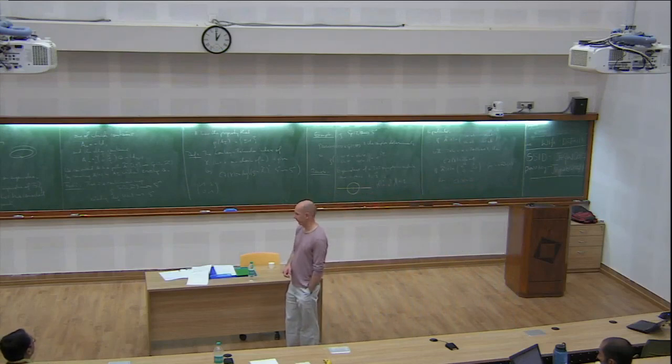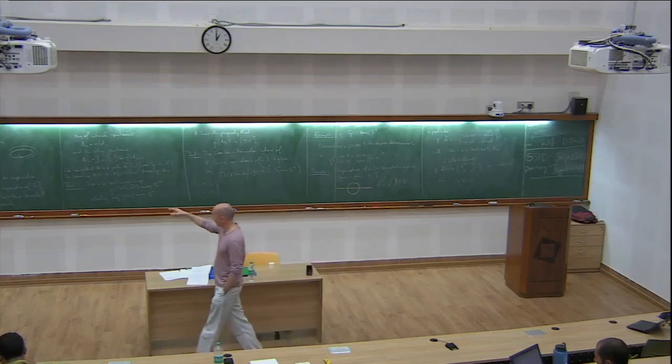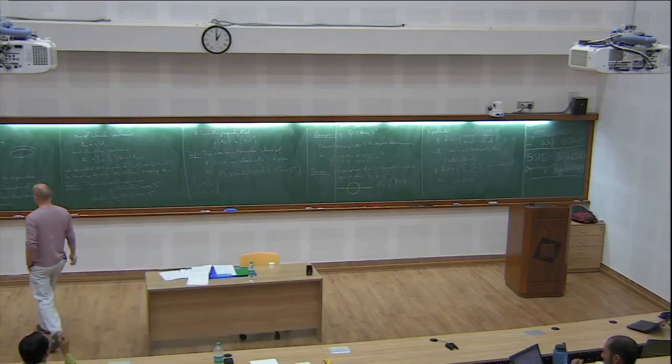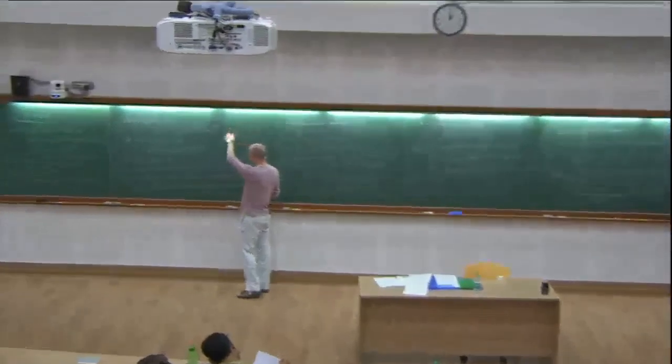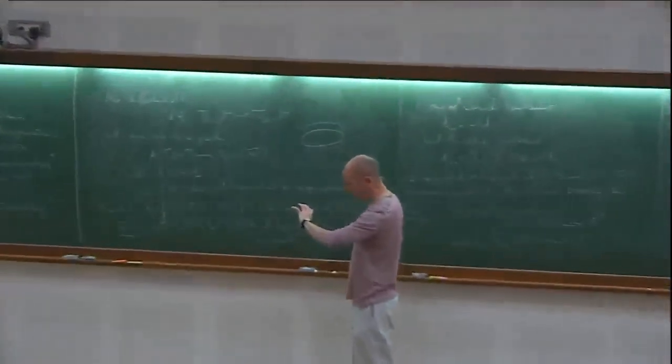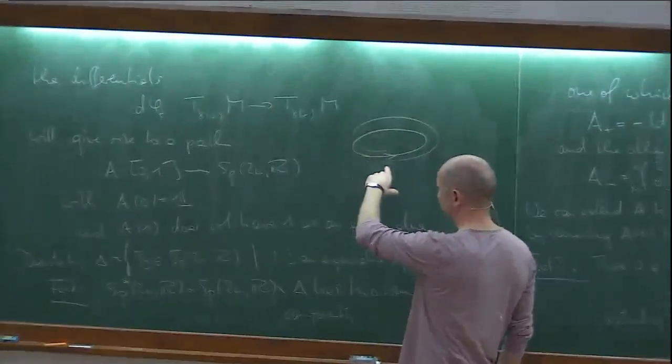So that rotation number. The way I've set things up, this Poincaré return map doesn't have 1 as an eigenvalue. You really have to know the whole path.